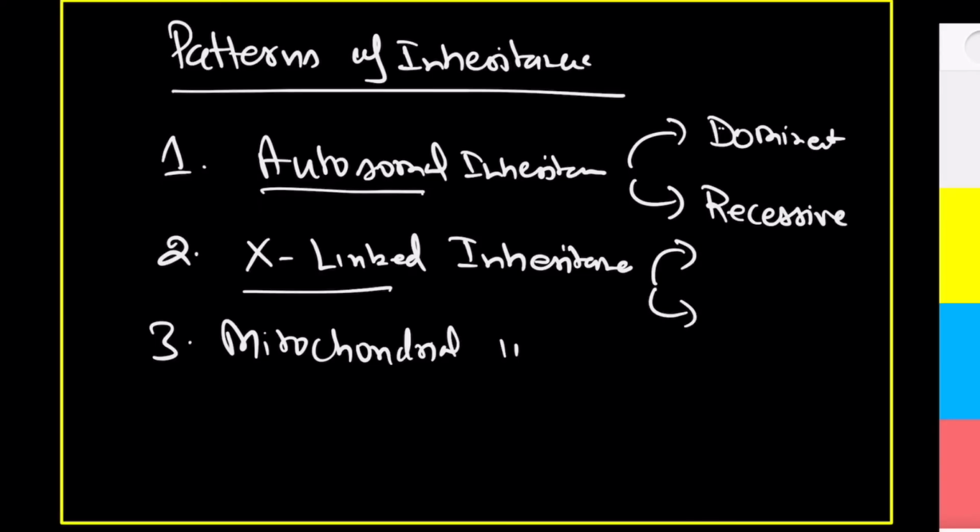Same way, X-linked inheritance can be of two types: X-linked dominant inheritance and X-linked recessive inheritance. Okay, so we are going to discuss autosomal dominant inheritance, autosomal recessive inheritance, X-linked dominant inheritance, X-linked recessive inheritance with examples. And be with me, it is quite easy to understand.